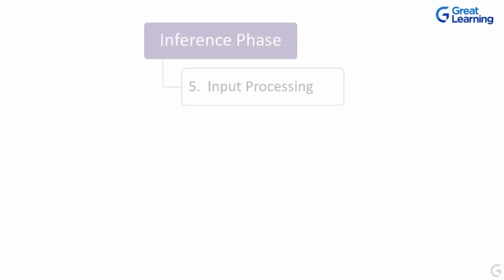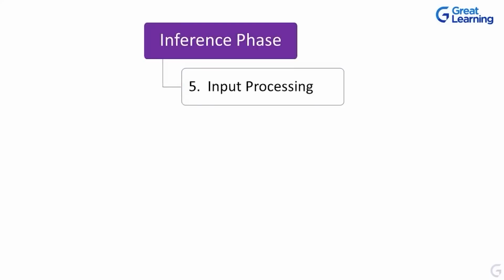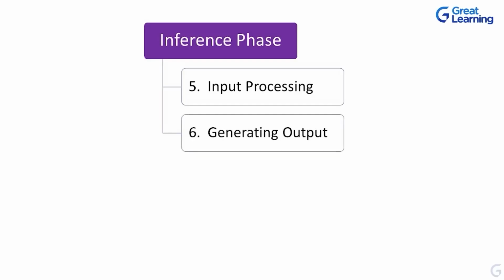Now, coming to the next phase, which is the inference phase. It also has 4 steps. Step 1, input processing. That means tokenizing and converting the input text into embeddings. Step 2, generating output, using the model to predict and generate the next words.